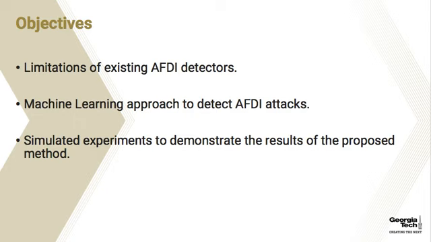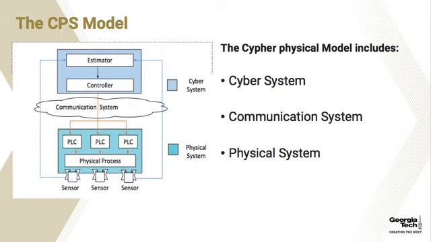Additionally, they develop an approach using machine learning techniques, specifically the k-nearest neighbor technique, to better detect and prevent these type of attacks. Finally, a simulated experiment is provided to demonstrate the impact of AFDI attacks and the effectiveness of the proposed method for detecting these attacks.